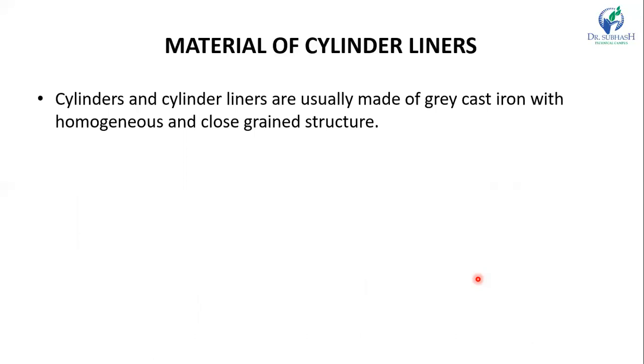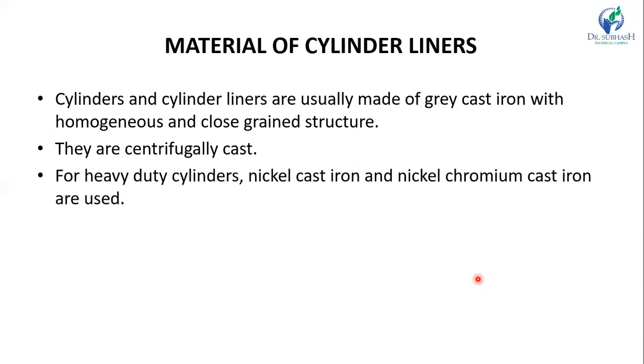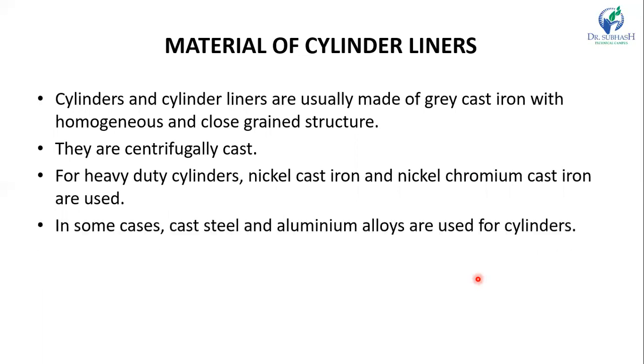As we discussed, the materials are gray cast iron with homogeneous and close grain structure, and they are centrifugally cast. For heavy duty cylinders, nickel cast iron and nickel chromium cast iron are used. In some cases, cast steel and aluminum alloys are used for cylinders.